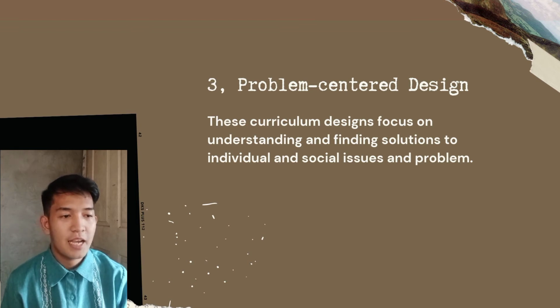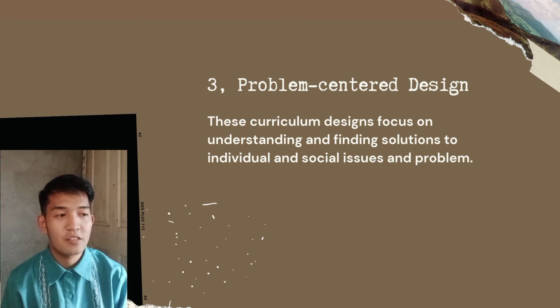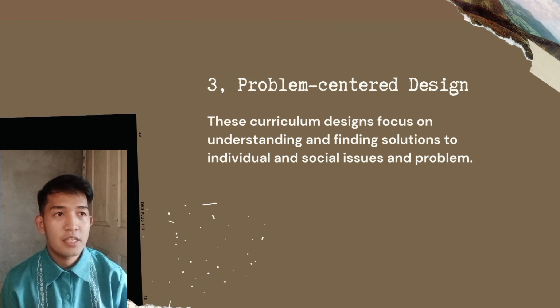Okay, so for number 3, problem-centered design. This curriculum design focuses on understanding and finding solutions to individual and social issues and problems. In this design, it says that they require students to use their own skills and knowledge of different subjects and disciplines as they engage themselves in meaningful learning of social and individual problems just like poverty, climate change, and many more.